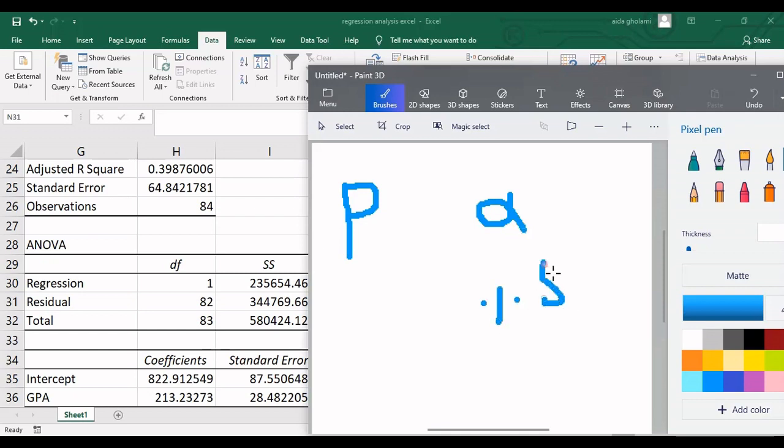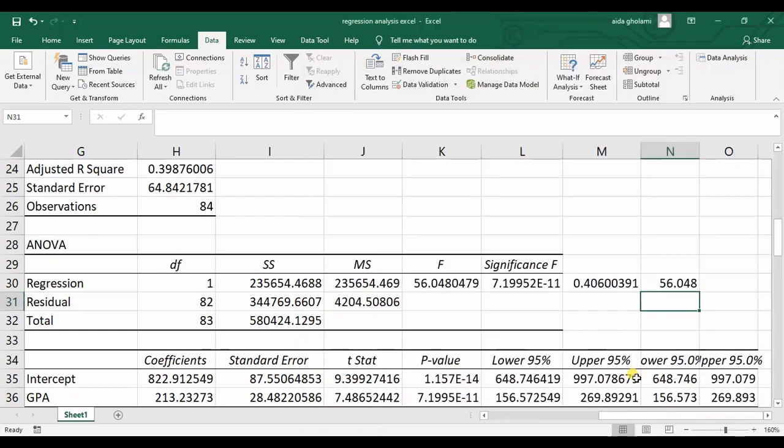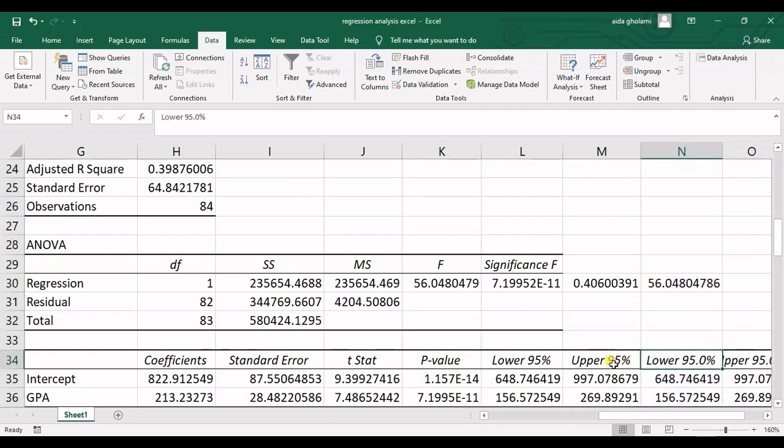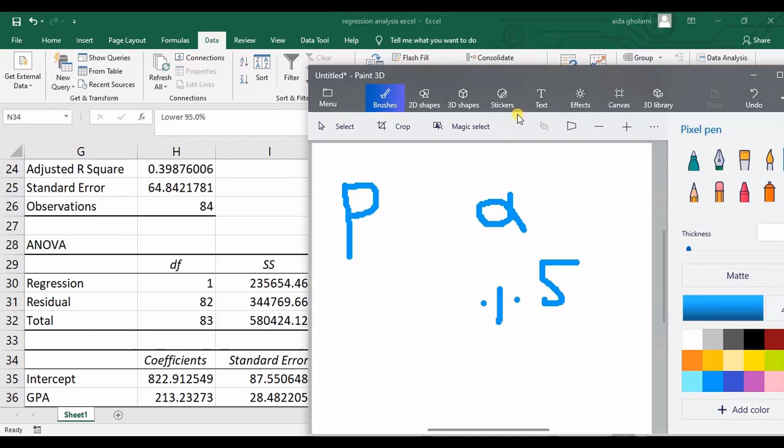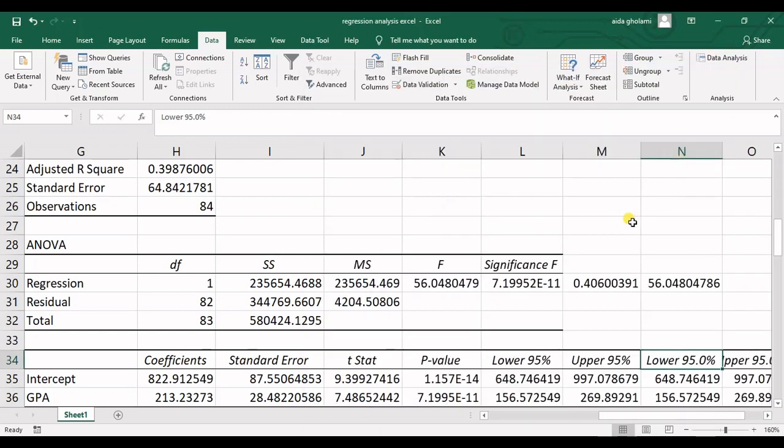It's 5%. Why? Because here we are making all these calculations based on a 95% level of confidence. So we compare this p-value to 5%. If it's lower than alpha, we know that our results are significant enough. Okay, so there is a significant relationship between these two sets of data.